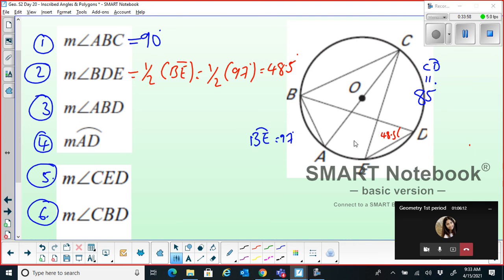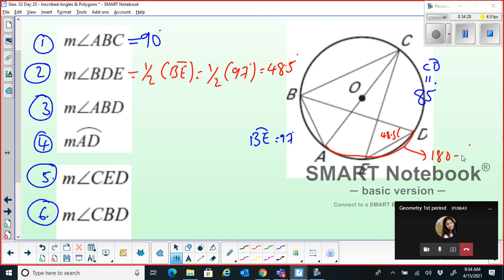Then next, I know that AC is a semicircle. This whole is a semicircle because this is a diameter. CD plus AD should be 180, that's what it means. So I can find AD very easily because this is 85 degrees. So 180 minus 85 will give us this particular arc AD.